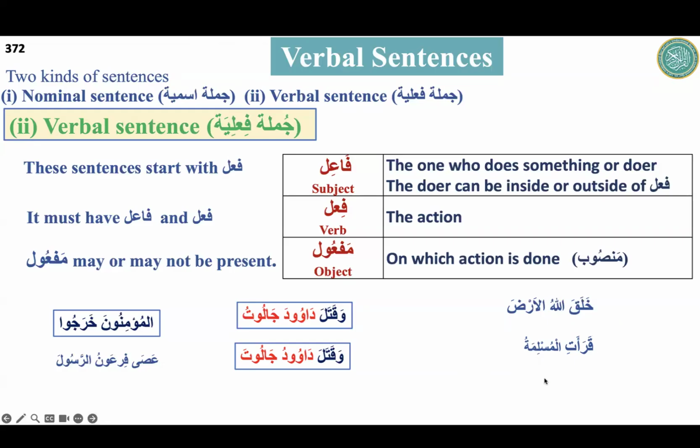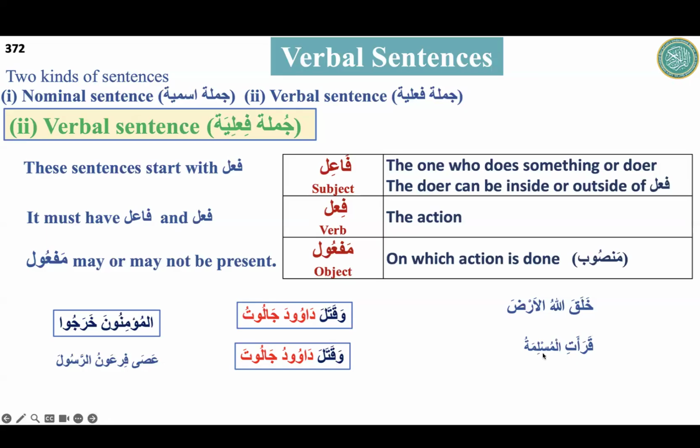We have the word following the verb, which is al-muslimatu, and it's in rafa status, so it will be a fa'il. It will replace the inside doer. The translation will be: the Muslim lady read. Okay. So, what is fa'il here?